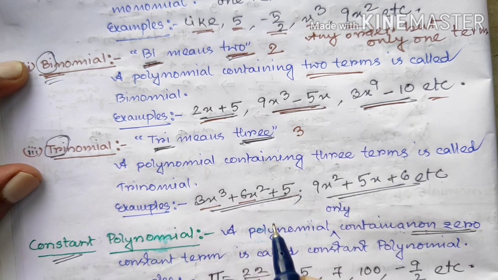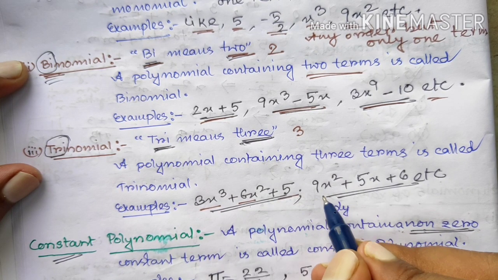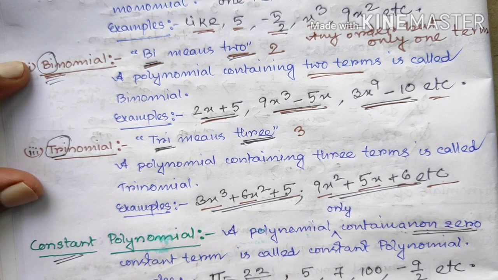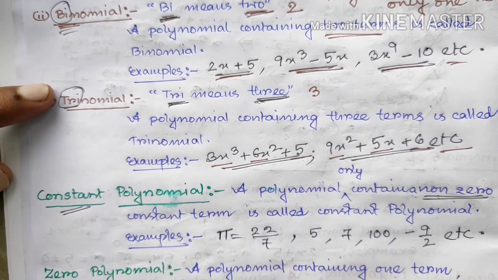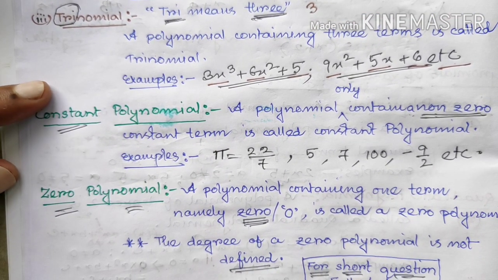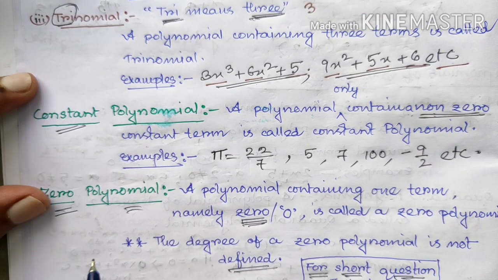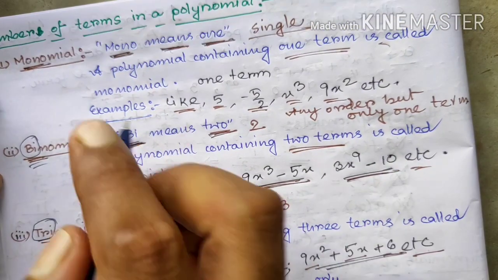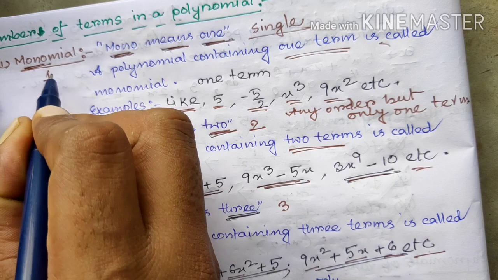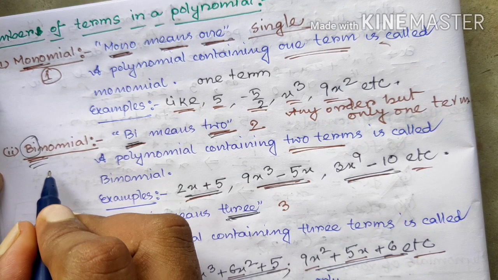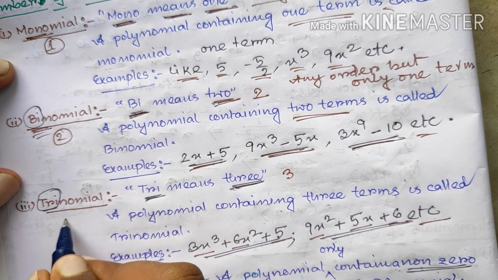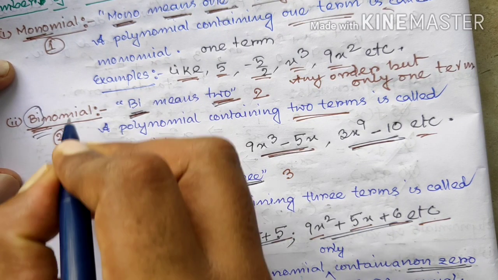For example: 3x cube + 6x square + 5. You can see here 3 terms: 3x cube 1 term, 6x square 2 terms and +5 3 terms. There is only one term in a monomial, 2 terms in a binomial and 3 terms in a trinomial.